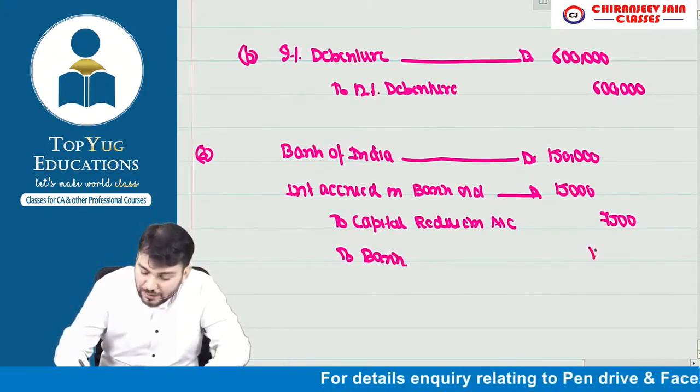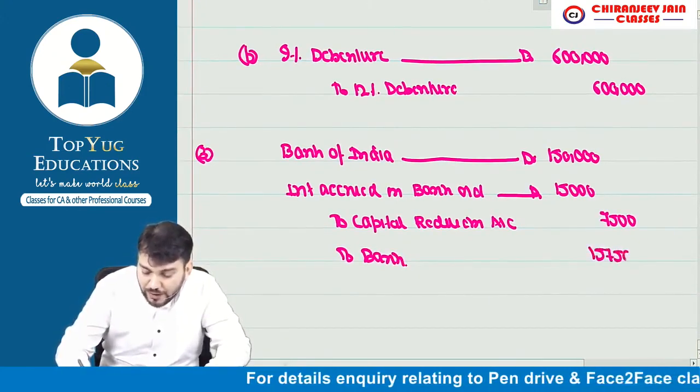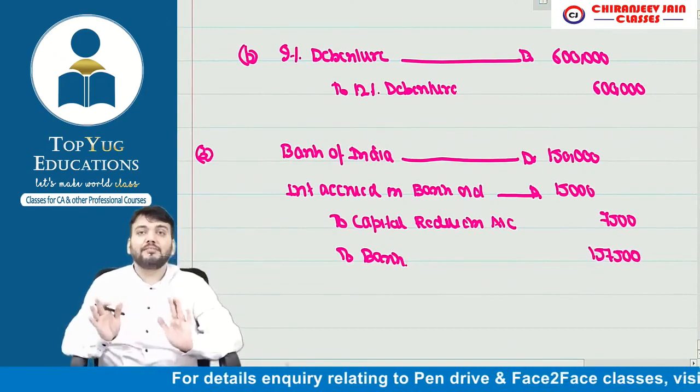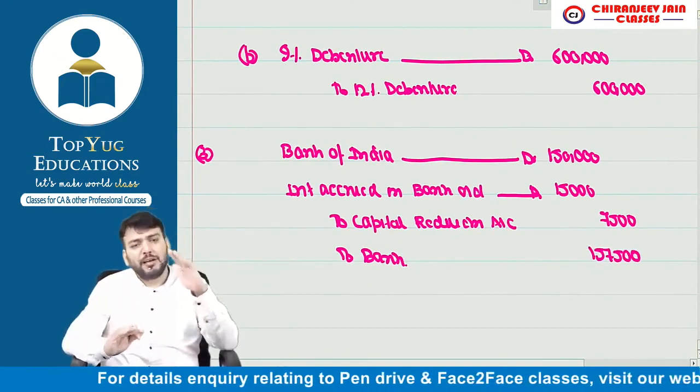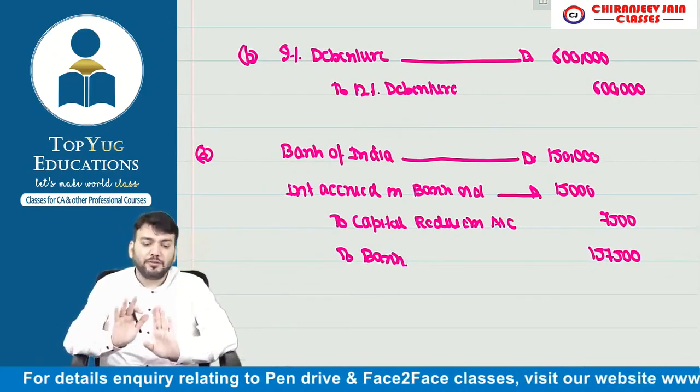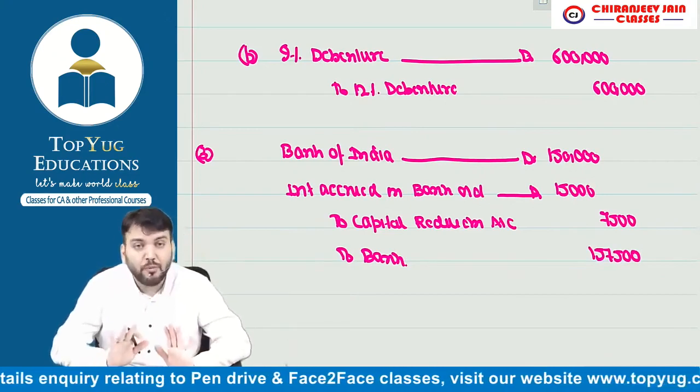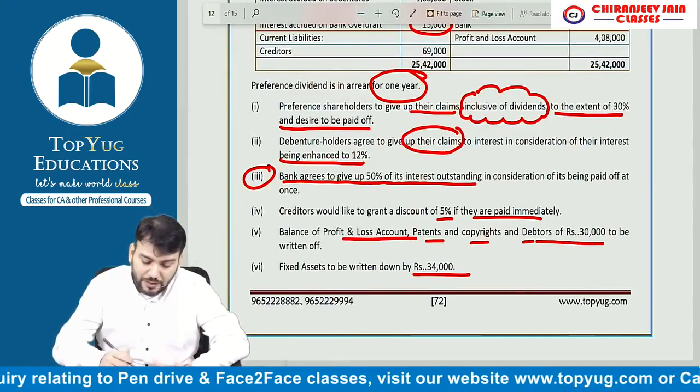So that is 1,57,500. Done. Or you can pass two separate journal entries. First reduce the interest, then make the payment. That is your choice. Correct? So point number 3 also you have understood? Yes sir, we have understood.